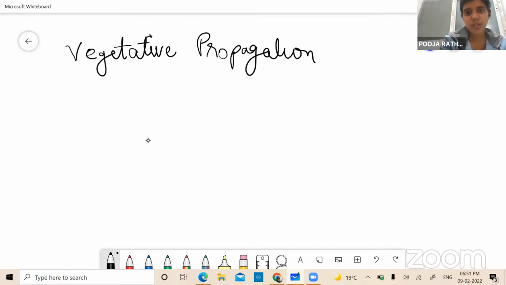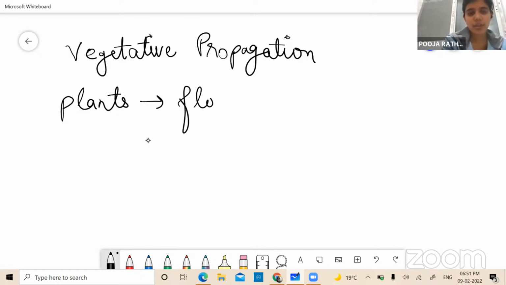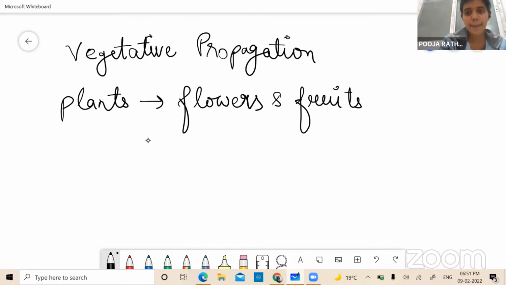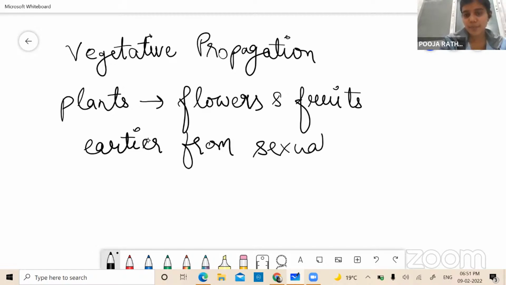In vegetative propagation, the plants get flowers and fruits earlier than sexual plants. Those plants which reproduce sexually, before them, the vegetatively propagated plants get flowers and fruits.